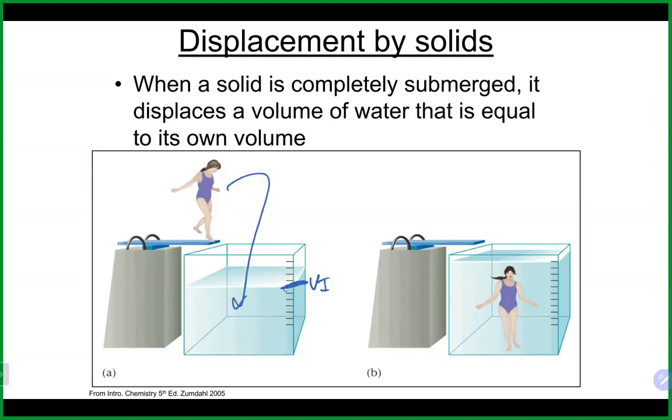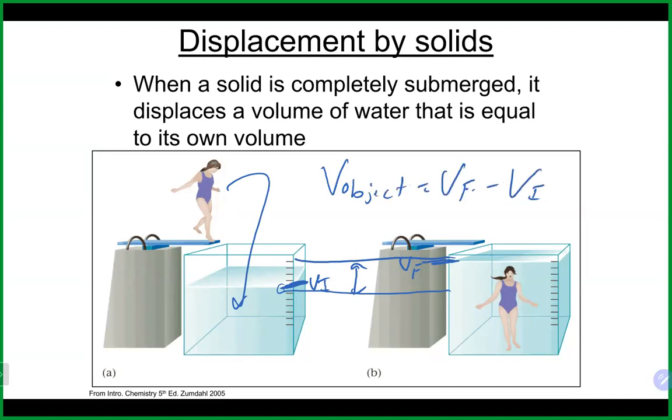When she goes in, we do see a rise in our volume. And really the difference between where it started and where it ended would be the volume of her in this case. So the volume of our object can be found by taking the final volume minus the initial volume. And that will get you the volume of whatever you put in there.